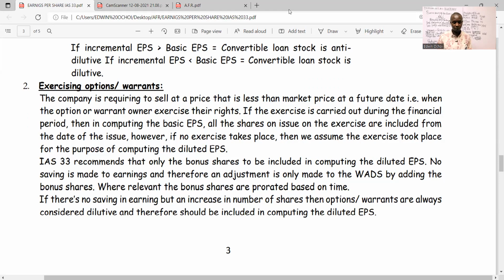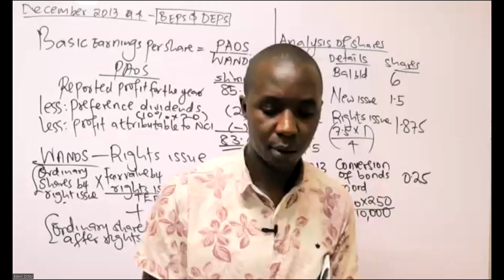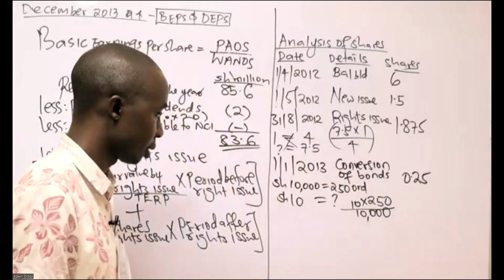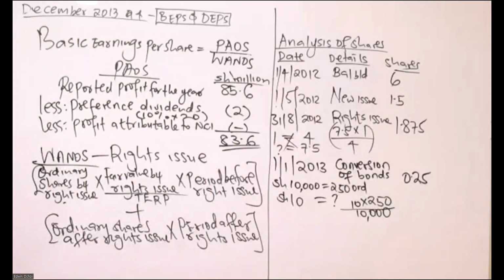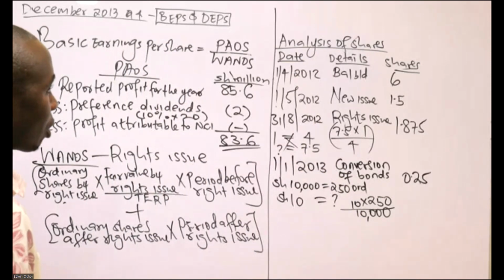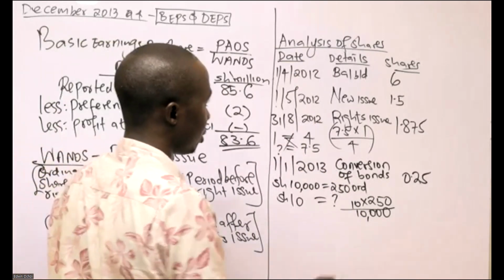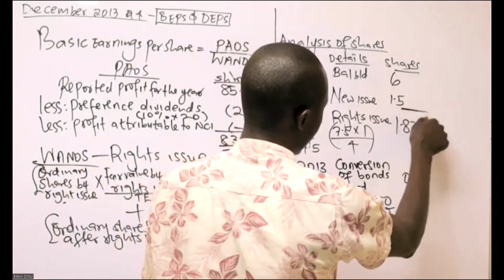We could have incorporated them if they exercised. So meaning that now I can apply the shares in our formula. Ordinary shares before the rights issue is up to this point.